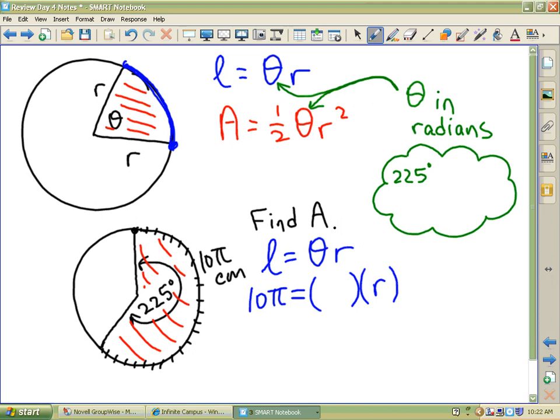Then reduce. 45 goes into both of those numbers, so you get 5 pi over 4.